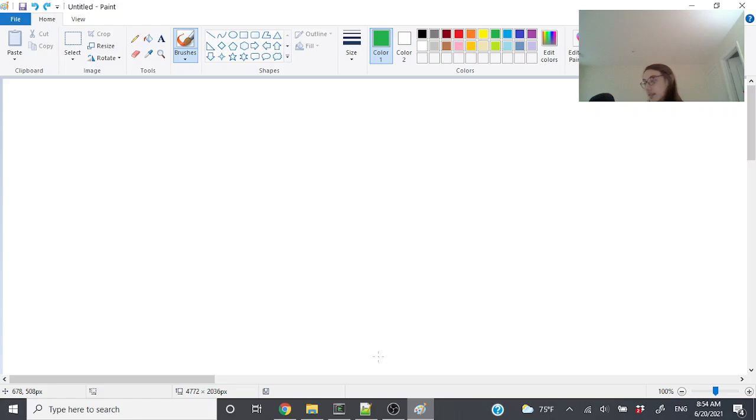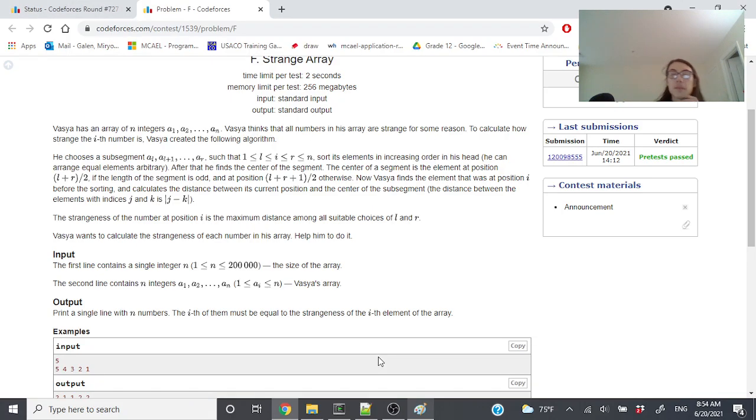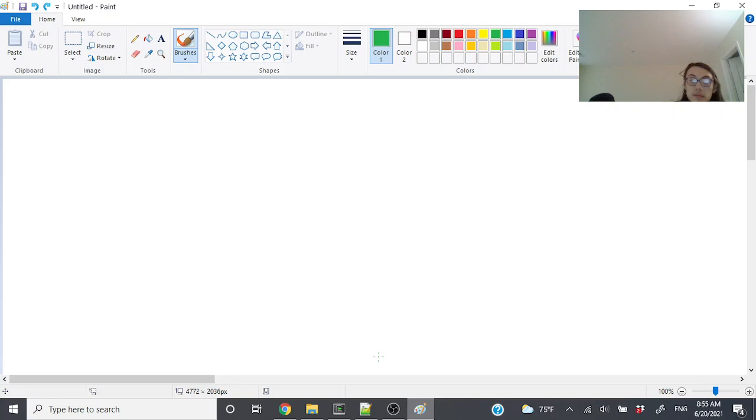Last problem, I'm also not going to go over the statement. So basically, the fact that we think about center also makes us think about the median. And with the median, one common trick is, if we're asking whether x is the median, then we set values less than or equal to x to -1, and values greater than x to 1.